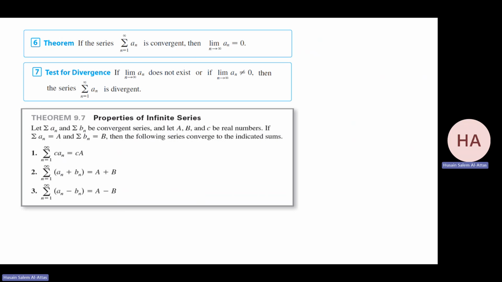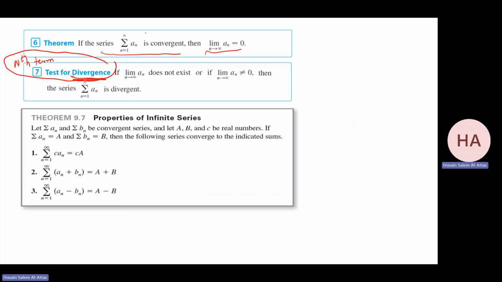So also we have what's called the nth-term test for divergence. For divergence. This will not work for convergence. It just tells you about divergence. What's the idea? We can prove that if the series is convergent, then the limit is 0.